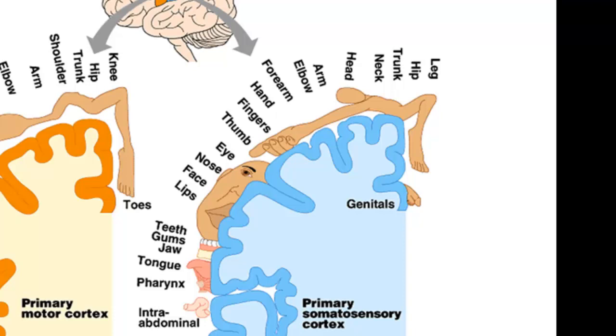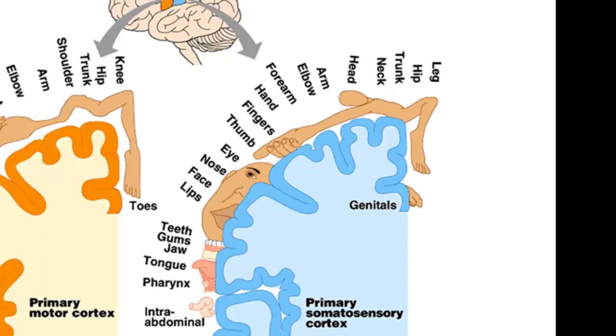I'm going to target the hand again. You can see on the sensory strip that there's an area where the hand lies. That's the part of the somatosensory cortex that is able to determine if our hands touch something hot or cold, or whether we have pain in the hand.